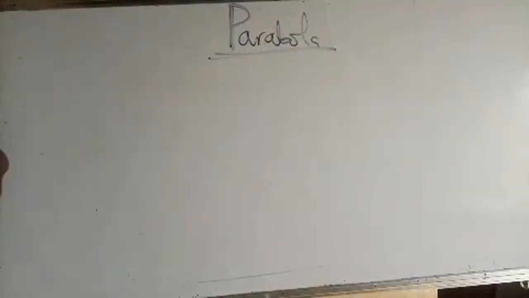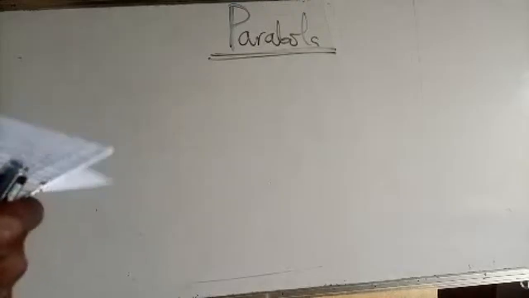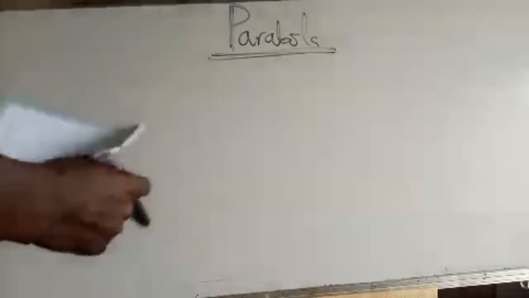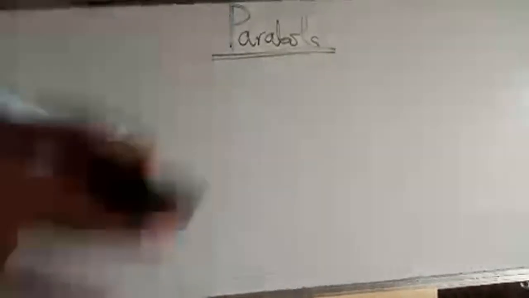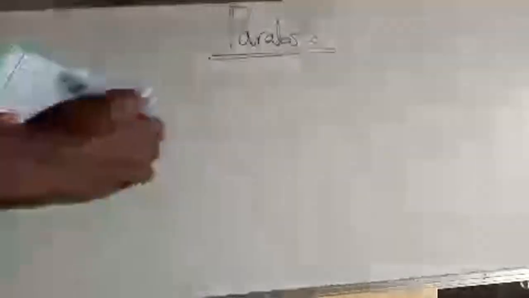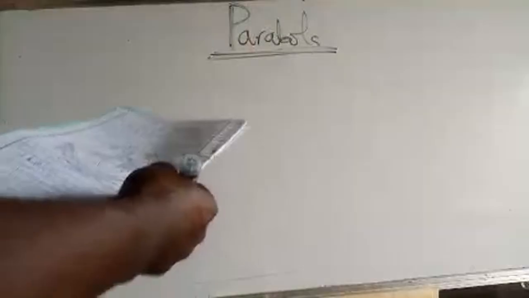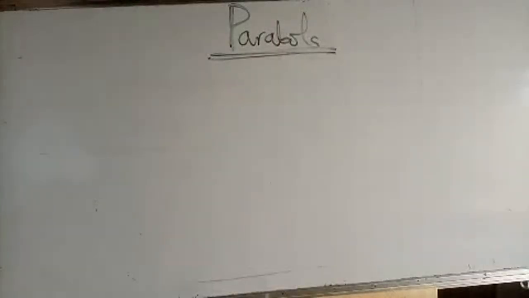Now, what is a parabola? Before we can define a parabola, we need to discuss what we call the locus. The locus of a point, say P of x, which moves so that the ratio of its distance from a fixed point S, which is called the focus, to its distance from a fixed straight line, let's say ZQ, the directrix, is a constant.